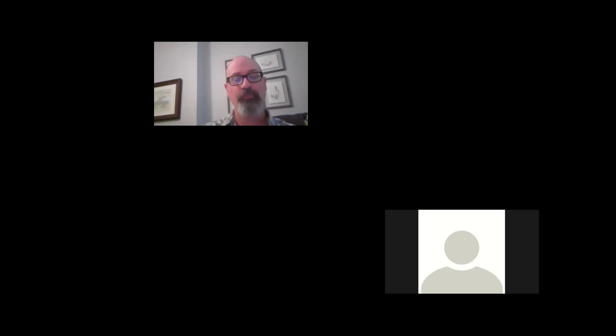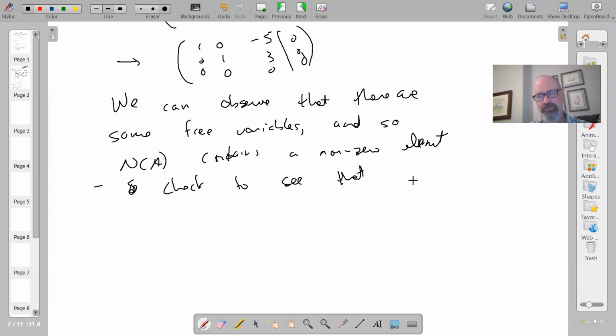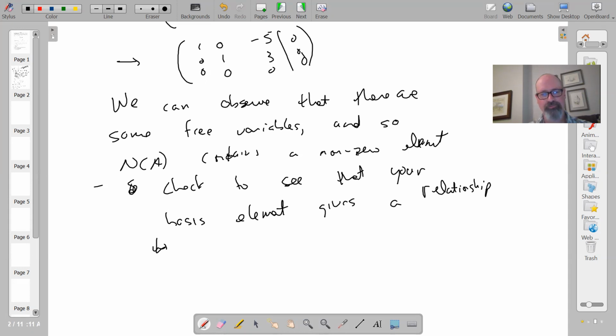So if you want to take this problem a bit further, just check that your basis, and it will be unique in this case because the null space definitely has dimension 1, your basis element, there's one of them, gives you a relationship between the 3 columns.